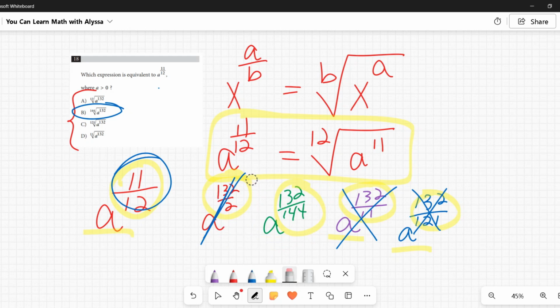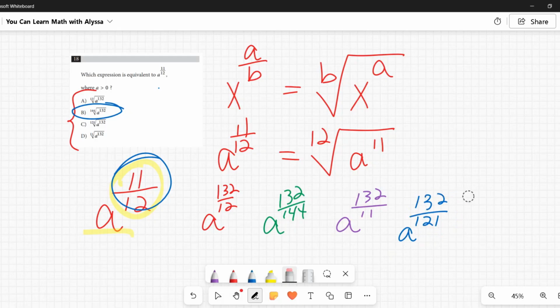But if you didn't want to go through that math, you could look at these logically and go, well, 11 twelfths, whatever fraction has to be equivalent to that, has to have a smaller number on top and a bigger number on the bottom. And the only fraction here that fits that is that one. All the other three have the smaller number on the bottom. So it's impossible for any of those to be equal to 11 twelfths, where the numerator is smaller than the denominator.